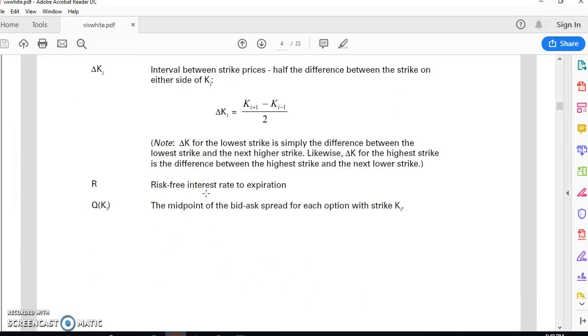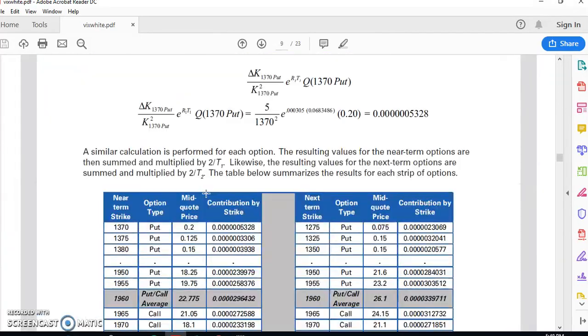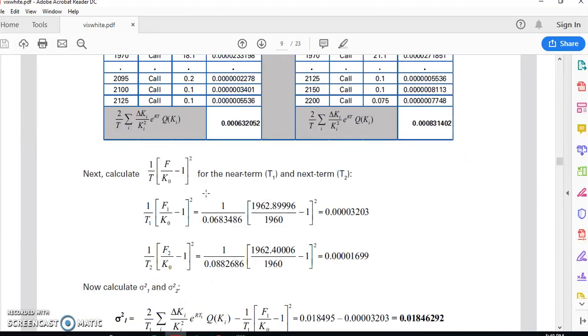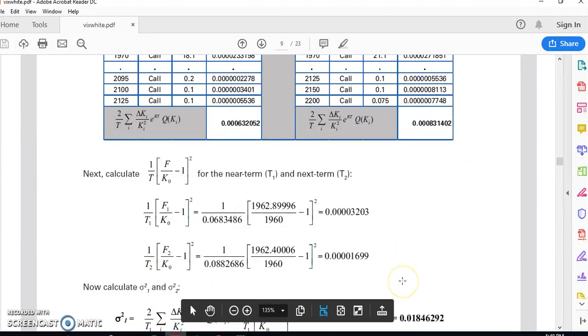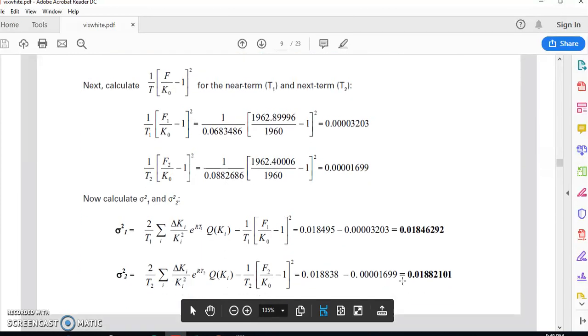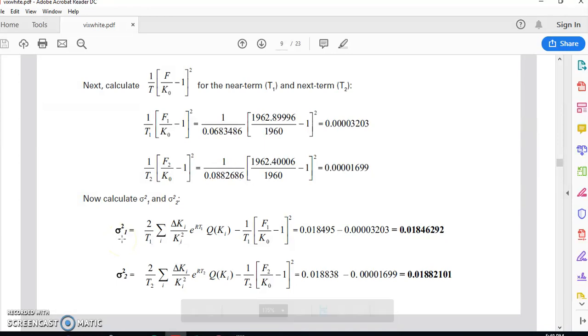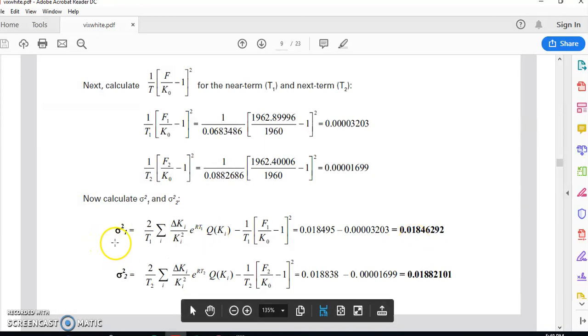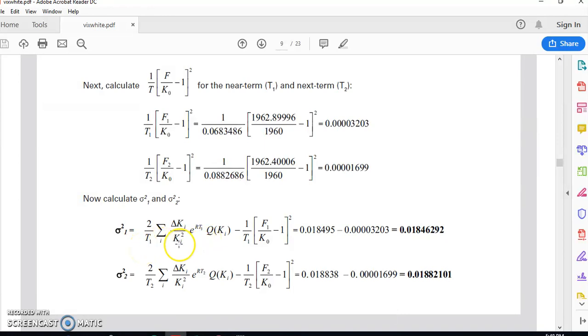Okay, so in the previous video, we had just got to the point where we illustrated how this estimation had been made for the variance. It's the VIX formula, and we estimated the variance of the earlier chain data for the options, the out of the money put and call options, and we'd managed to work out F1, T1.